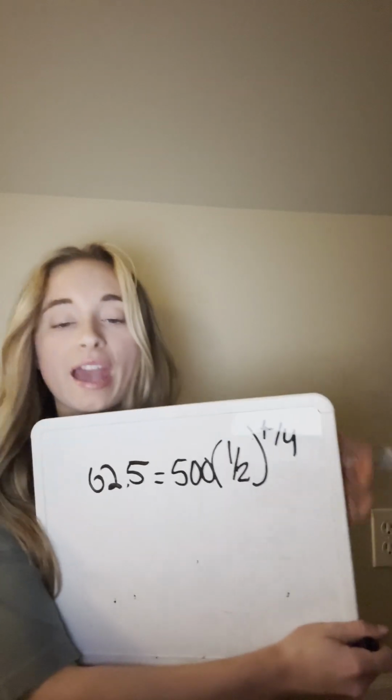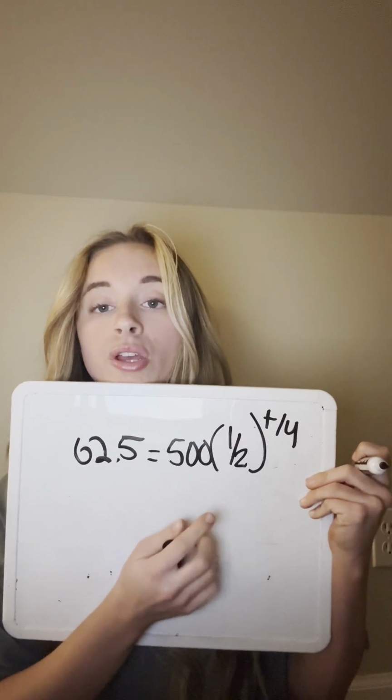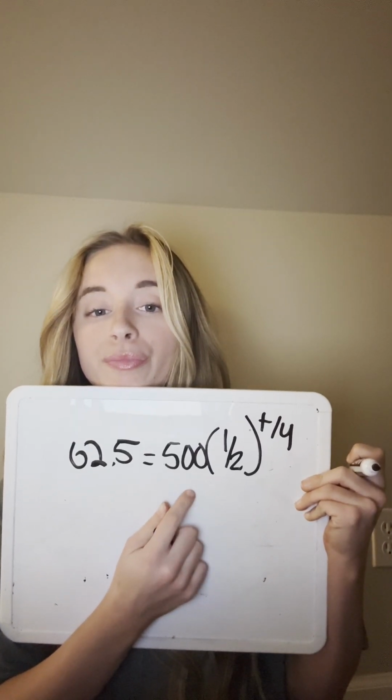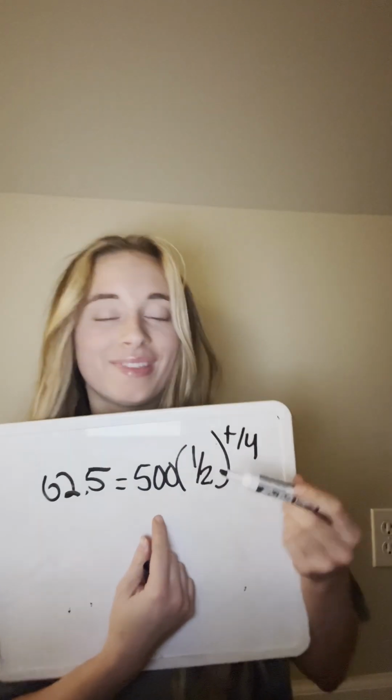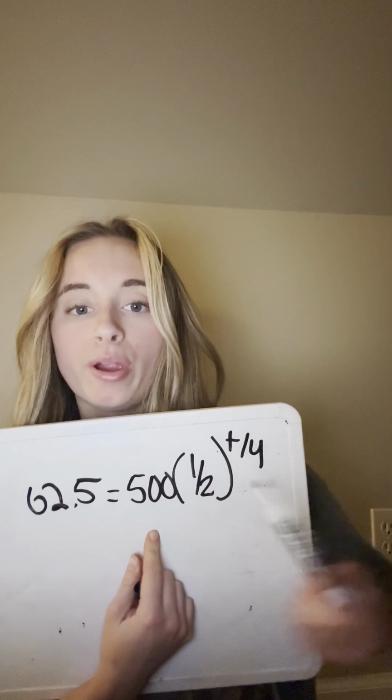This is the remaining amount. This is the initial amount. This is just 1 divided by 2. We don't have time, but we do have 4 for 4 hours. So we're going to solve this now.